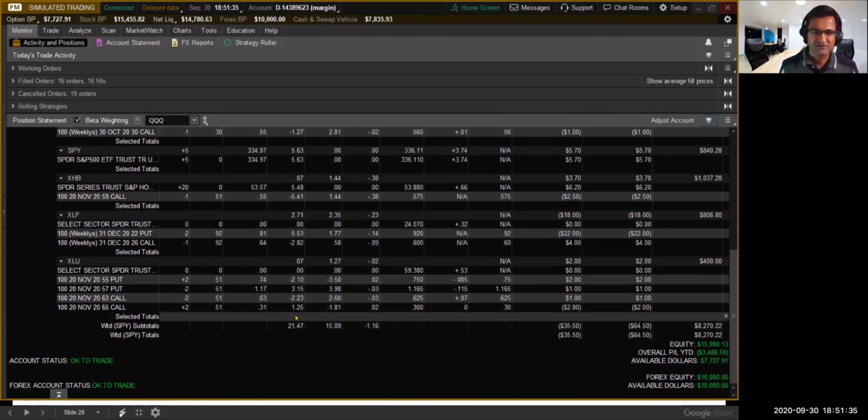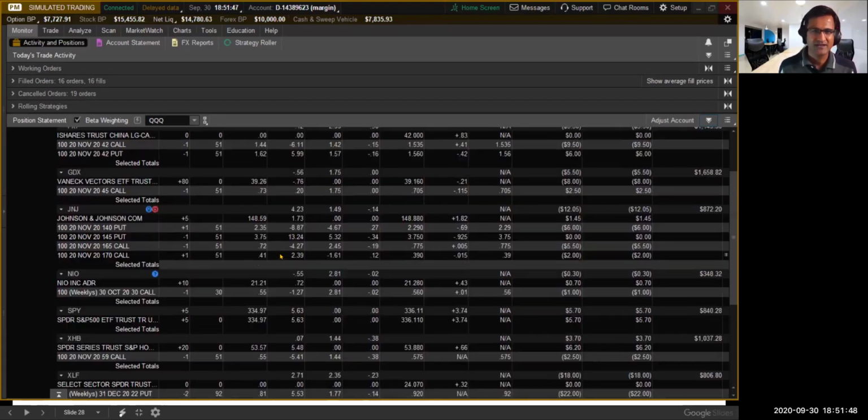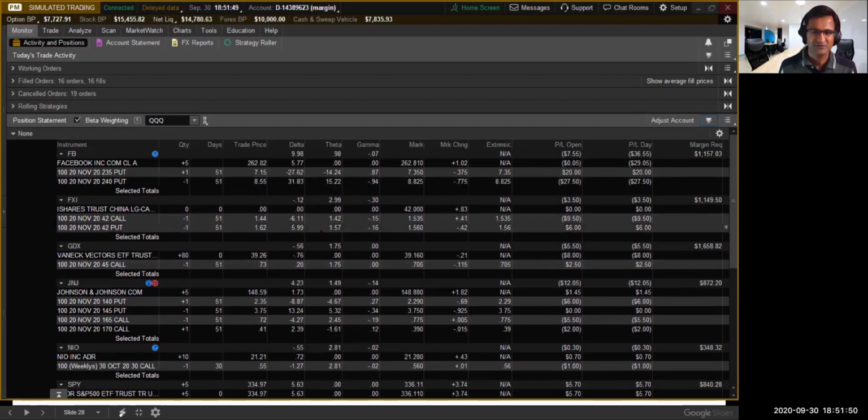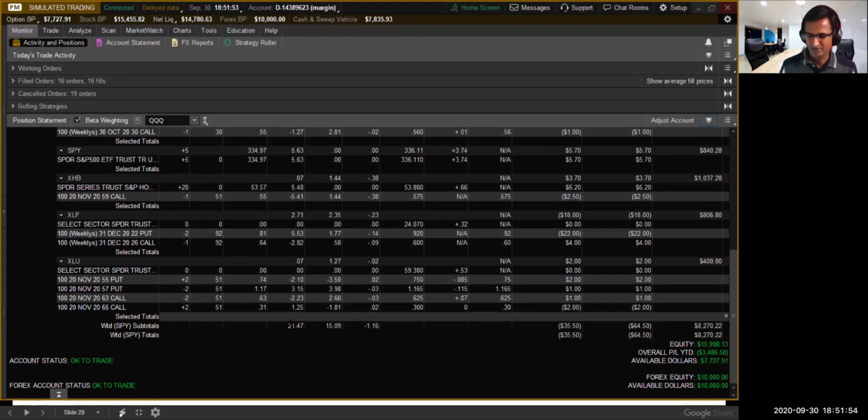My eyes are glued onto this one. So sometimes in the chat, I'll mention my deltas are too high. I'm talking about this. Or I did this to reduce my delta. I'm not looking at an individual position. First thing I'll look at is, where's my portfolio?